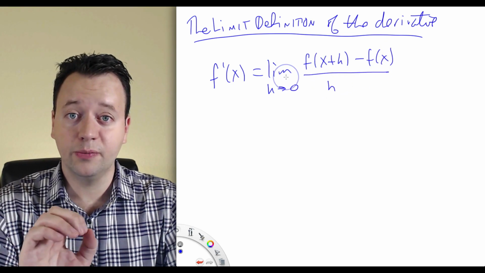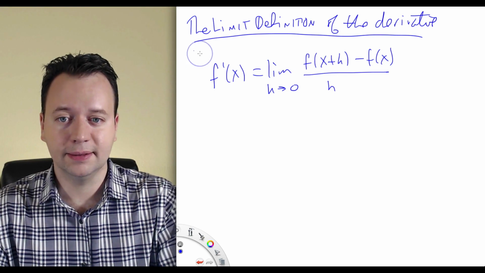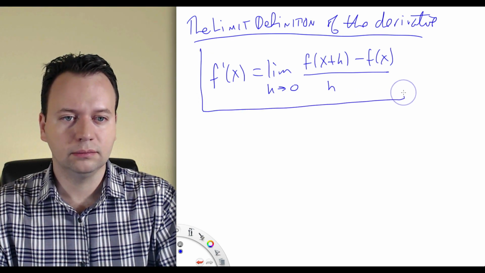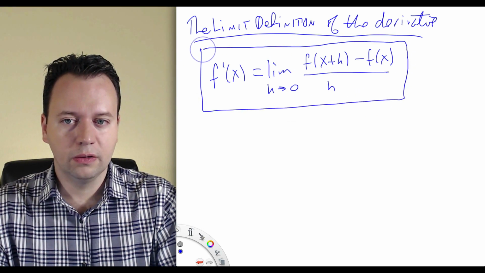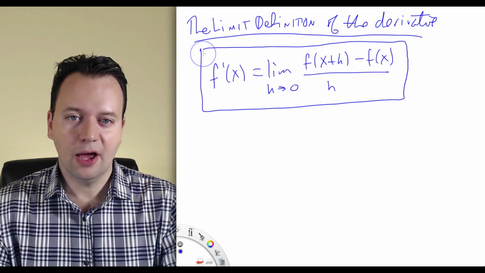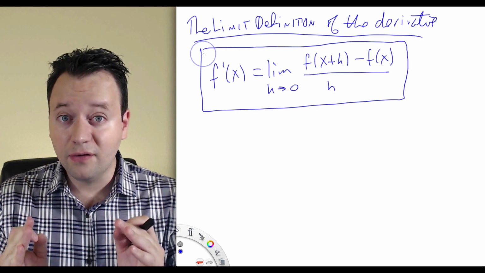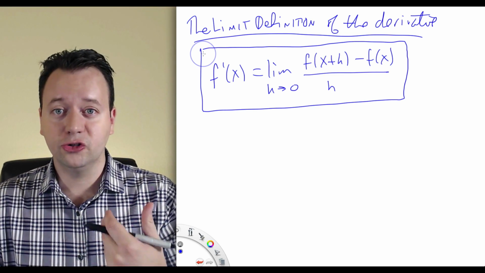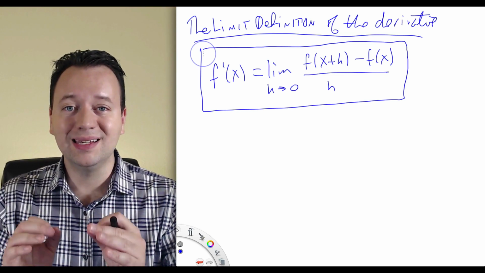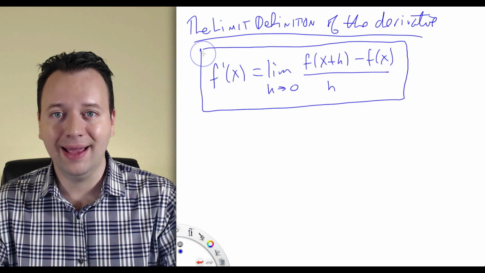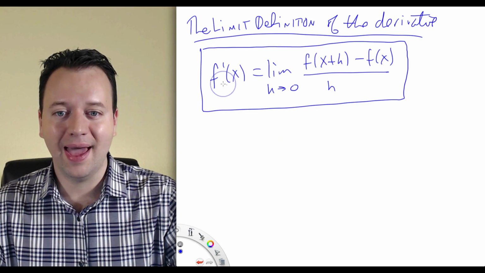And all I did was replace that a with the x. So one thing to note is that when you're evaluating this, x is thought of as a constant. x is basically just replacing the a. So this is basically at a particular point x, f prime at x.